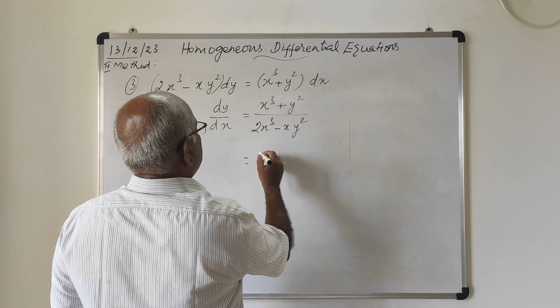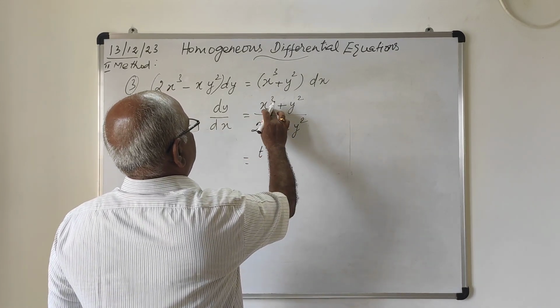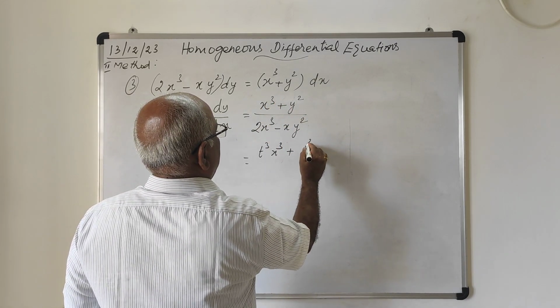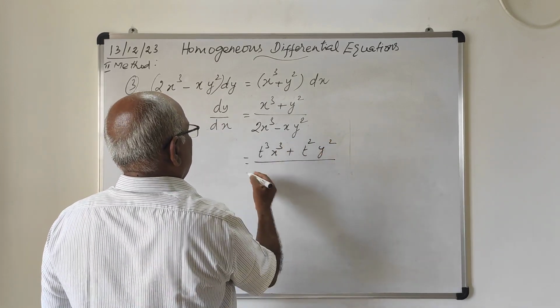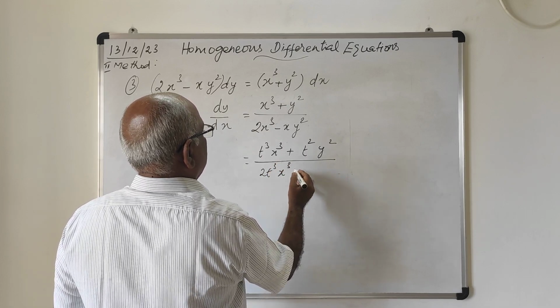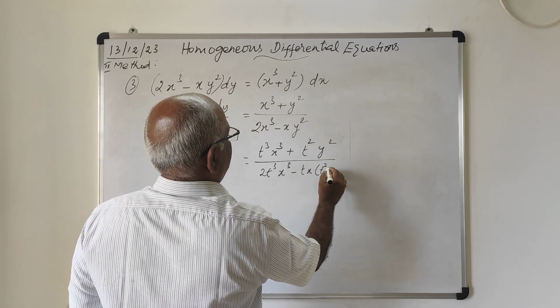Now you replace x by tx: t cube x cube plus t square y square by 2 t cube x cube minus tx into t square y square.